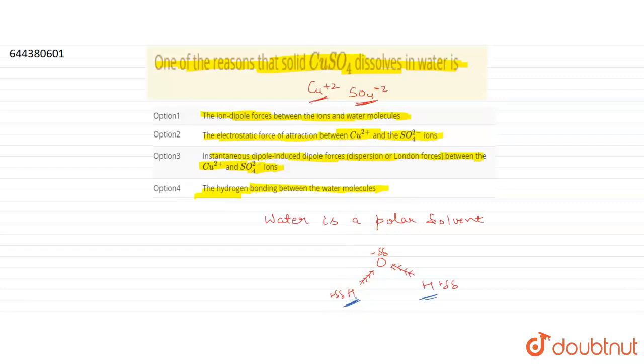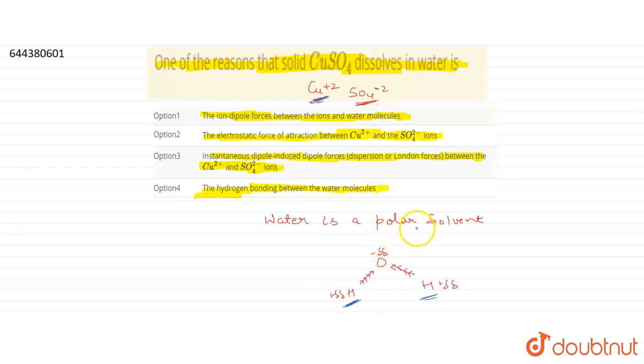Due to these ion dipole forces between the ions, Cu+2, and water molecules, this CuSO4 dissolves in water. Okay guys, I hope you understand it.